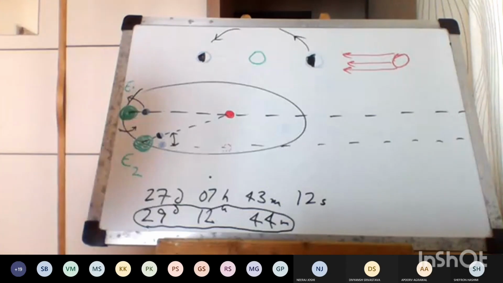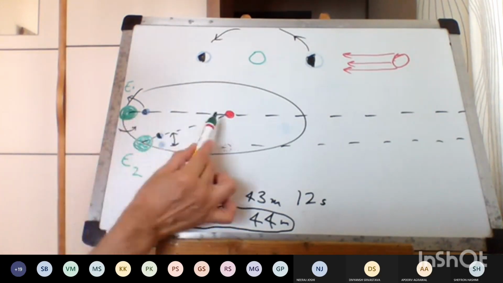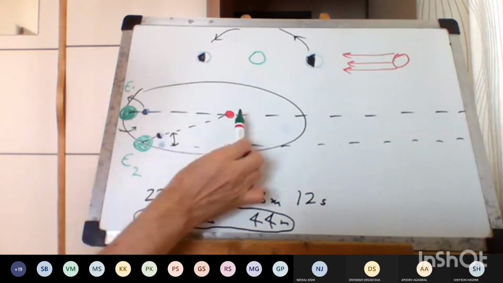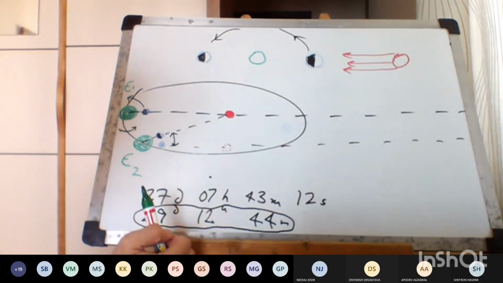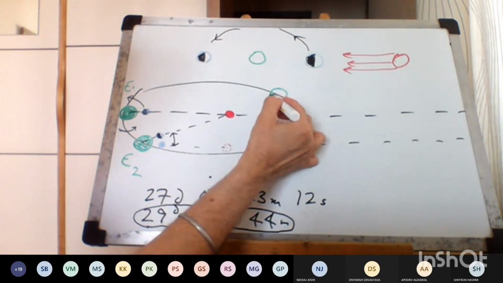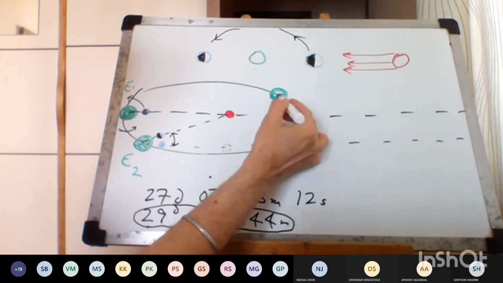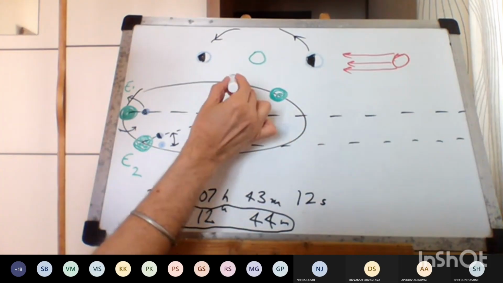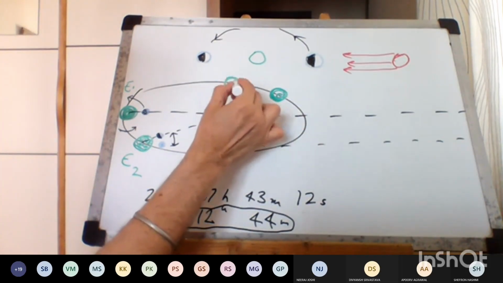We know about all the bodies sometimes being close to the sun, sometimes being far away from the sun. This part is very far away, and this part is close. We saw Kepler's law also. So there may be a point when the Earth is here, and this is very close, so the Earth may travel a little more.